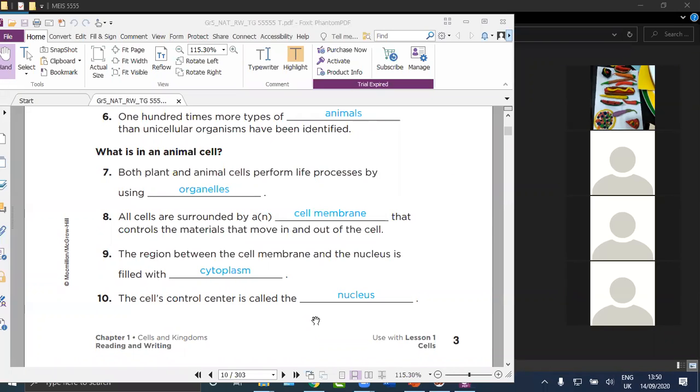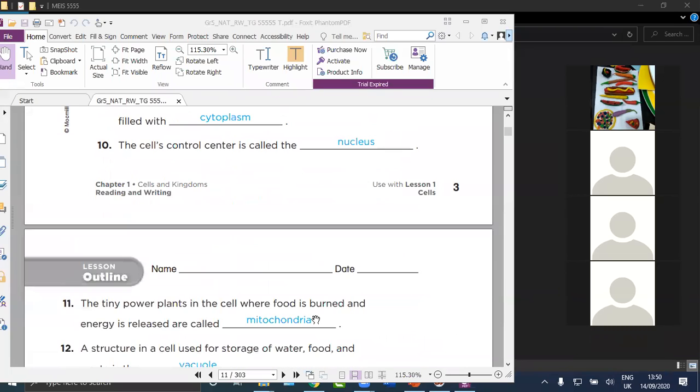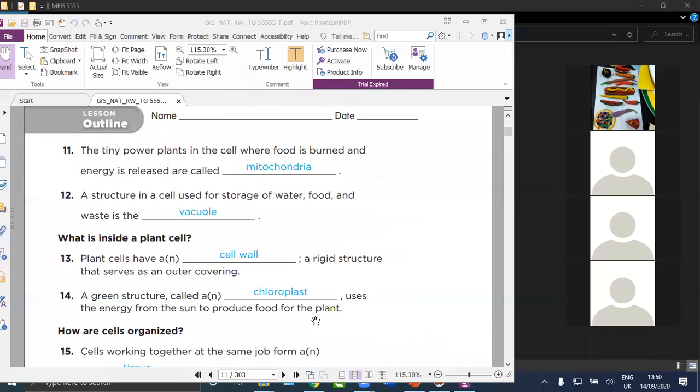The cell's control center is called the nucleus. Yes, excellent. Perfect. Number 11. The tiny power plant in the cell where food is burnt and energy is released is called mitochondria. Yes.